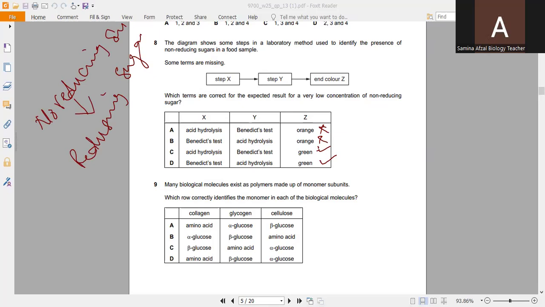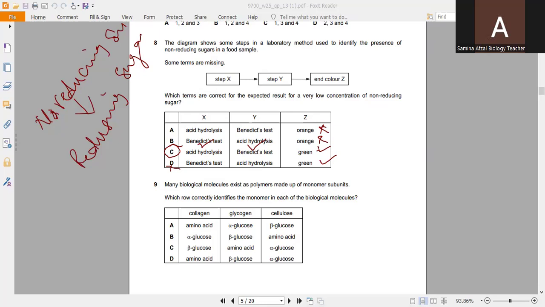So acid has been added, which will hydrolyze the non-reducing sugar into reducing sugar. So the first step is the acid hydrolysis, then we will conduct the Benedict test when it has changed into reducing sugar. So according to this, C is the correct option. D is not the correct option. So C is the answer.